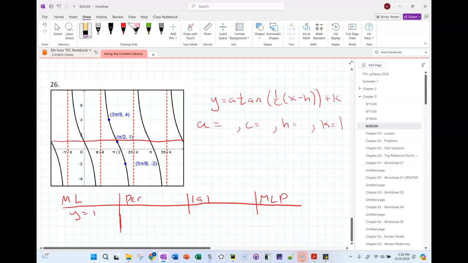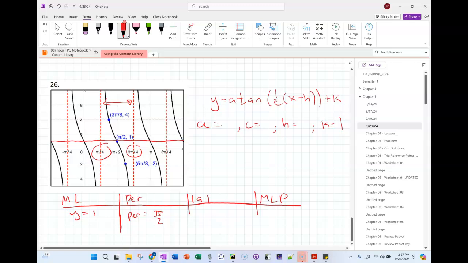All right, Tommy, I need help finding the period here. Okay. Period is 2.5? Okay, so this distance is 3 pi over 4 minus 1 pi over 4, which is 2 pi over 4, or pi over 2. I'm going to reduce it.